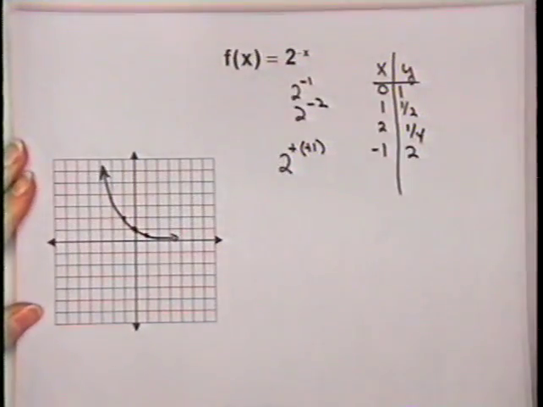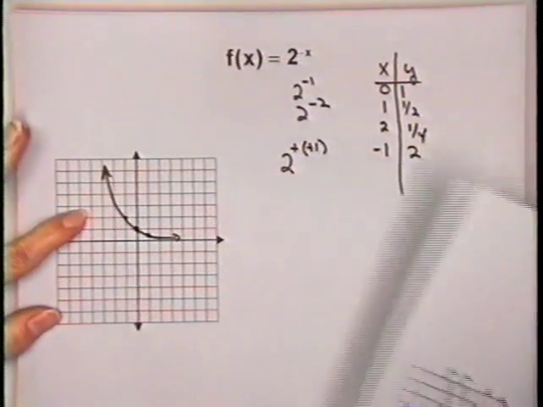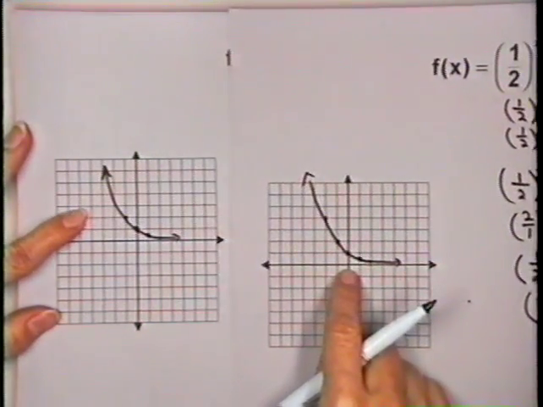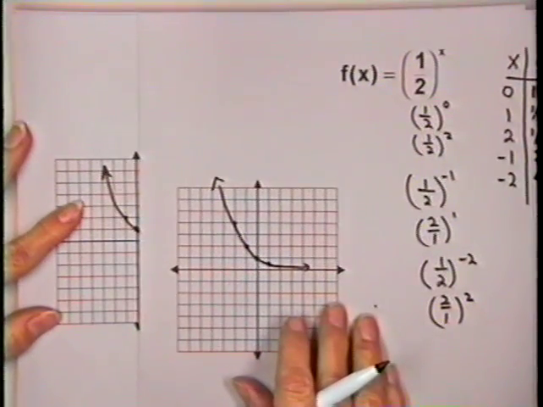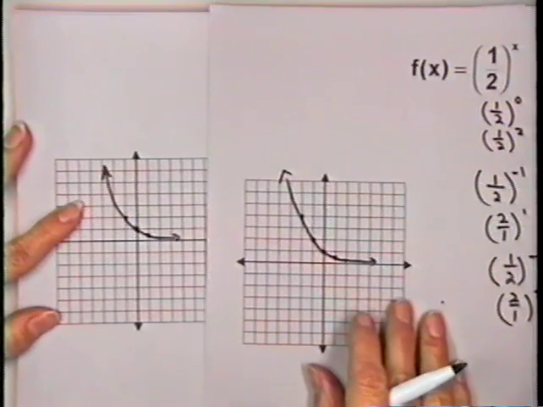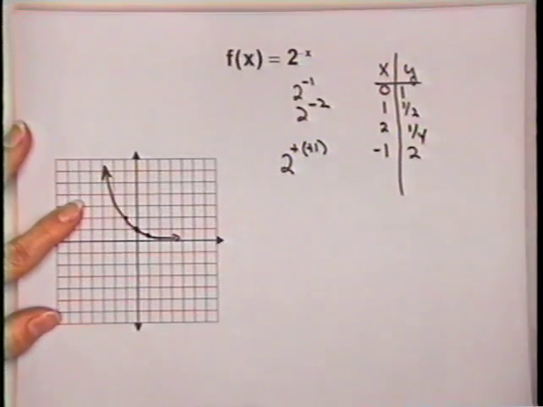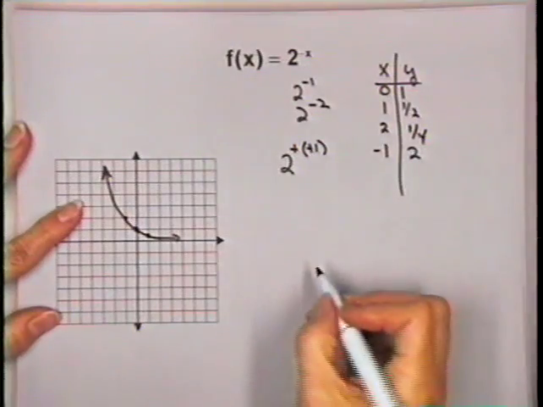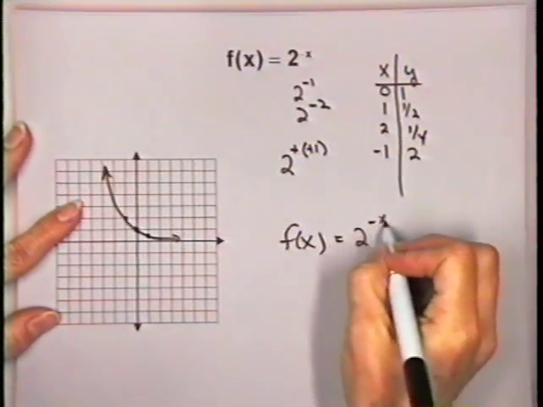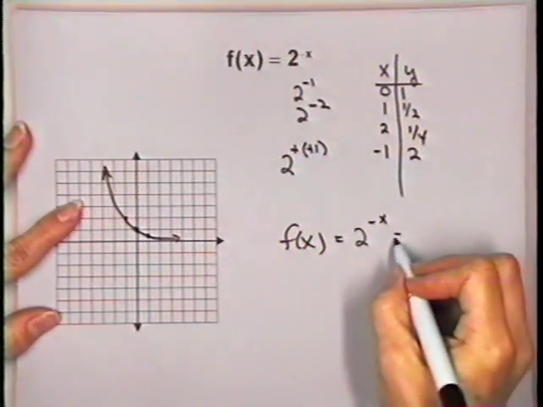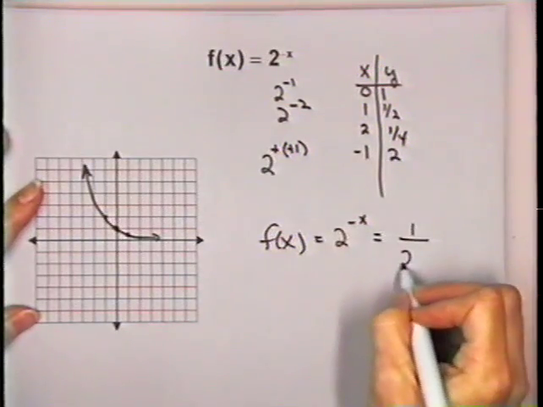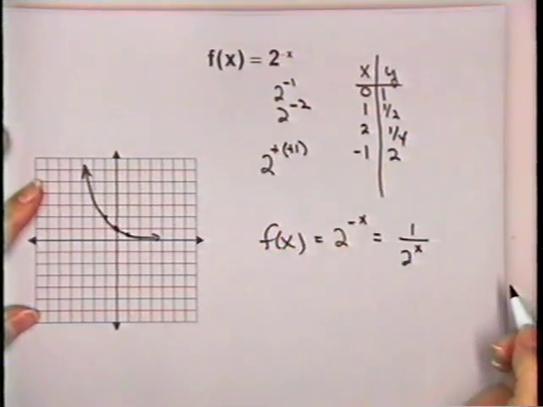I also want you to notice, however, that this graph is exactly like the one we did just a moment ago, which was 1/2 to the x. Why would those two graphs be exactly alike? Well, let's look at this function. F of x equals 2 to the negative x. Now, we know because of our rules of negative exponents that this means 1 over 2 to the positive x, doesn't it?